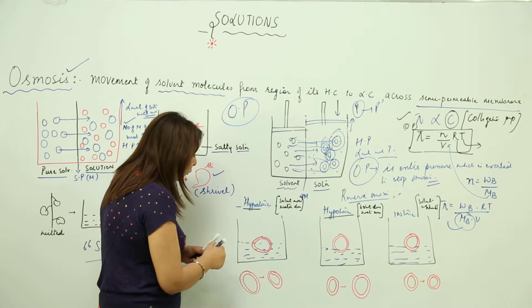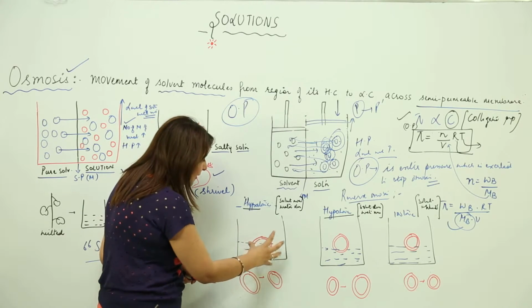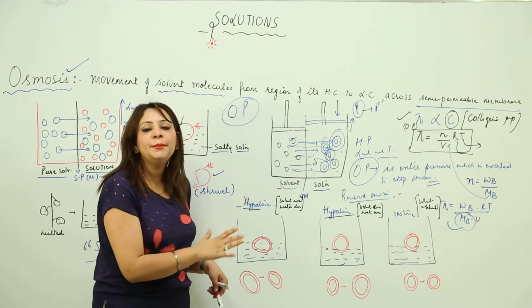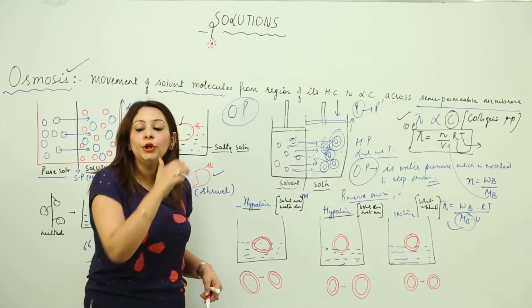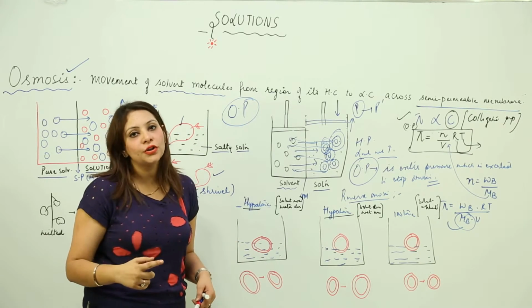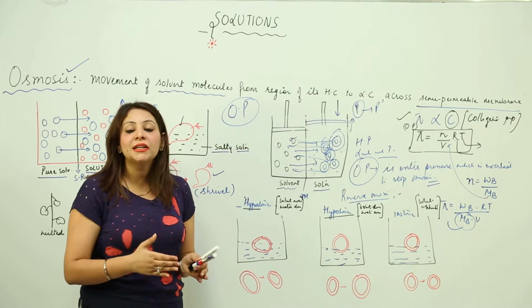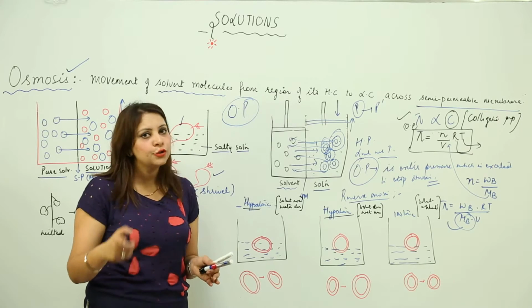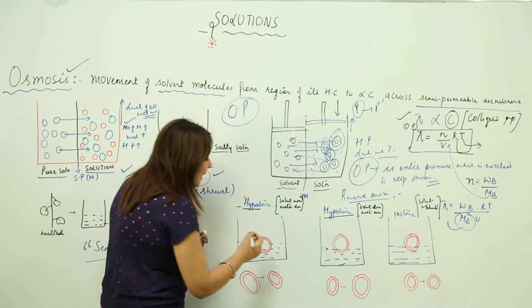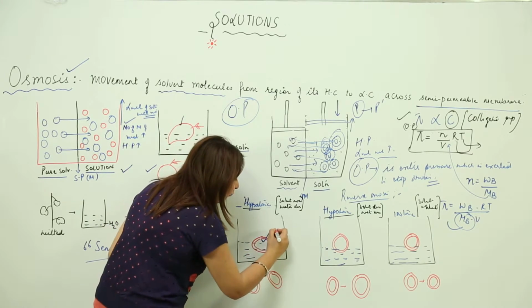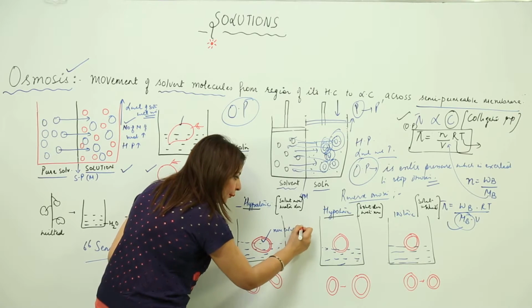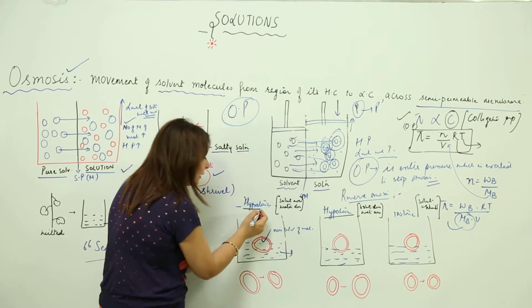So in here I have placed the RBC in hypertonic solution. Hypertonic is that in which the solute concentration is more and obviously the water concentration is less. As we know, water particles move from higher concentration to lower concentration. So in this case the RBC will have more water as compared to the solution because it is hypertonic.